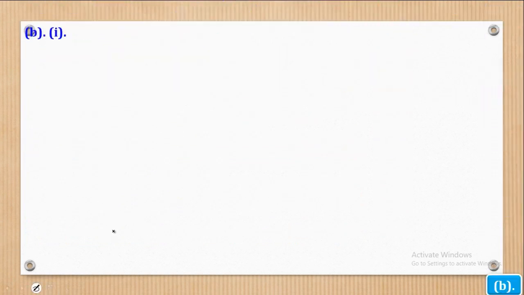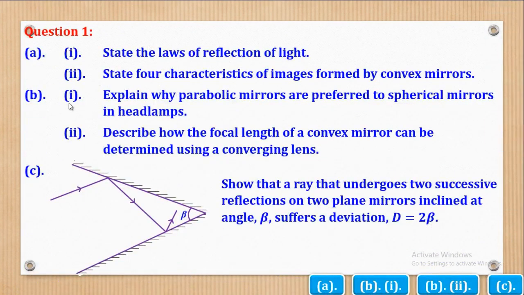So now we shall go to part B. Part B said, Roman 1, explain why parabolic mirrors are preferred to spherical mirrors in headlamps.